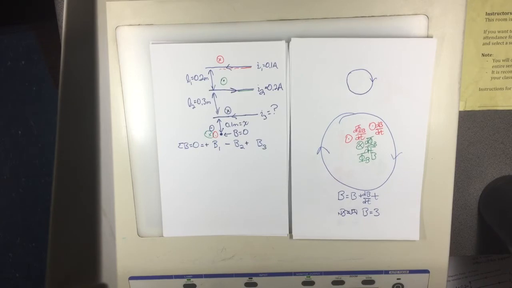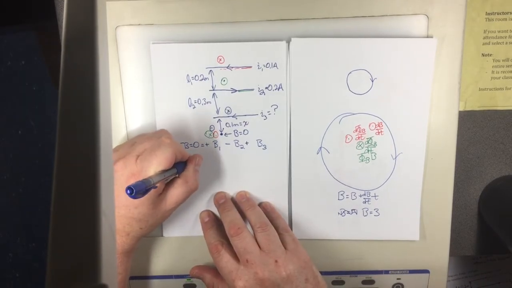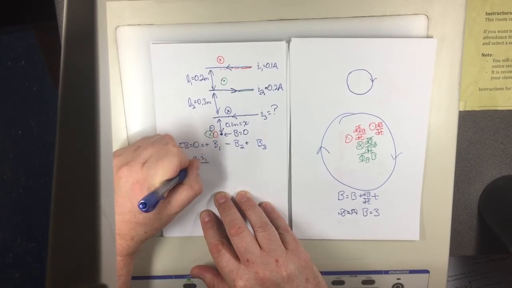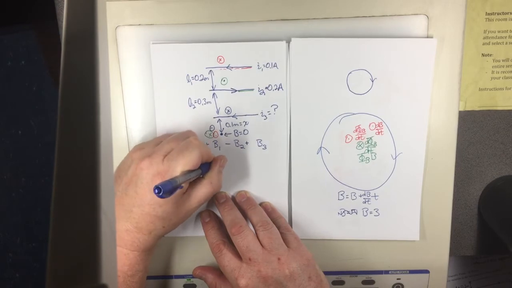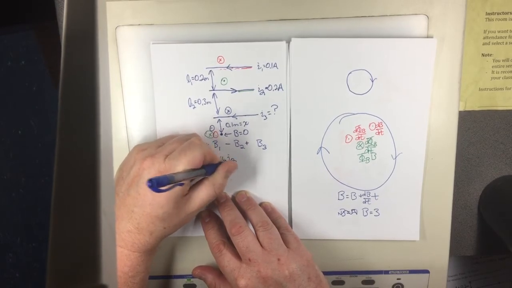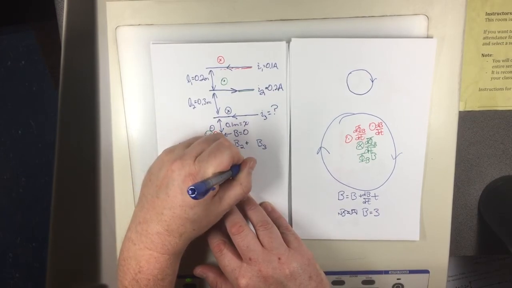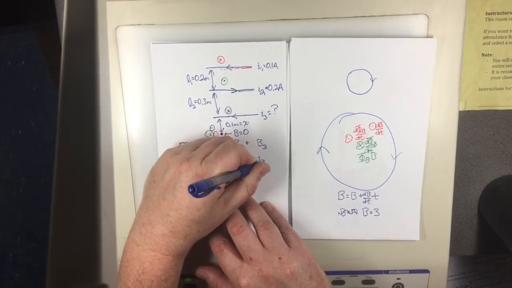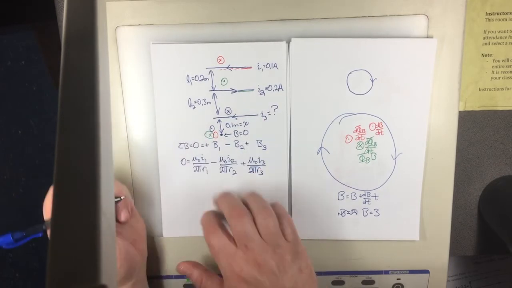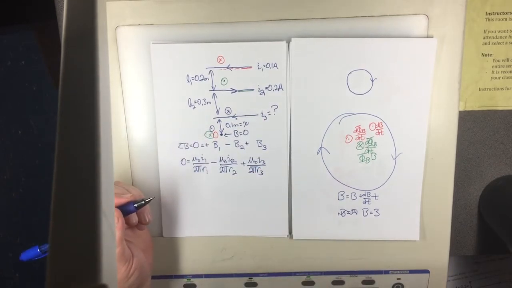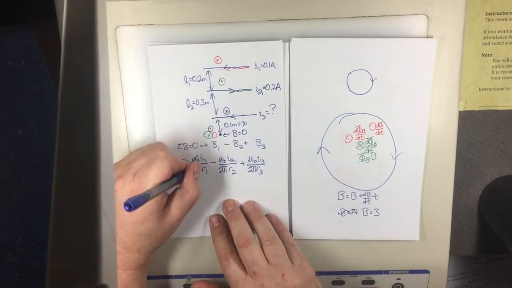0 equals mu naught I1 over 2 pi R1, minus mu naught I2 over 2 pi R2, plus mu naught I3 over 2 pi R3. I could factor out the mu naught and 2 pi and just chuck them.